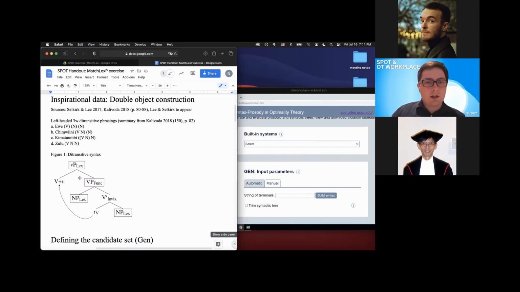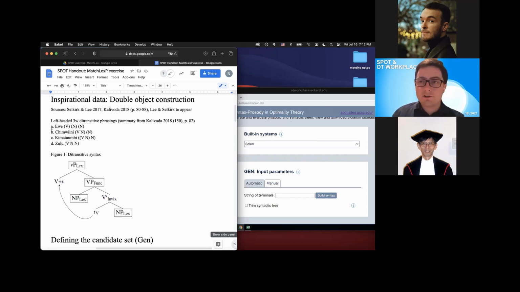What's interesting about this construction is that, as you can see here in the syntax that we're assuming, in the initial verb phrase the two arguments of the verb actually raise out of this VP up to little VP. And so what you have is this verb phrase whose head is a trace. What's interesting then is that you have this verb phrase that only contains the two noun phrases to the exclusion of the verb itself.